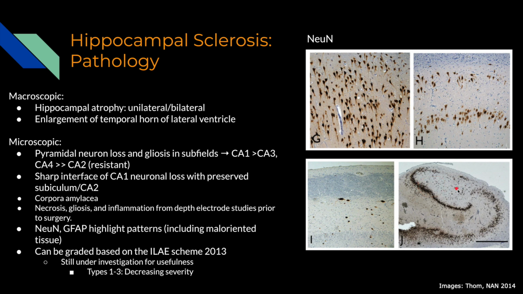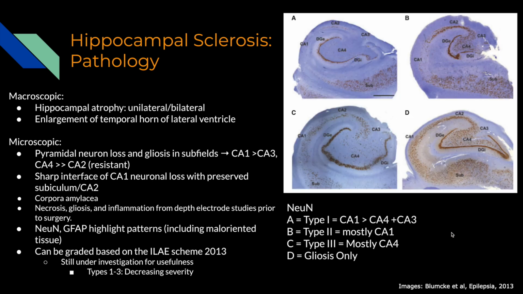You have loss of neurons in the CA4 region and then kind of preserved in the CA3, CA2, and even CA1. So we'll see how these are graded shortly. But as you can understand, this is somewhat of interest to pathologists to try to see if we can correlate these patterns to specific clinical outcomes and severity.